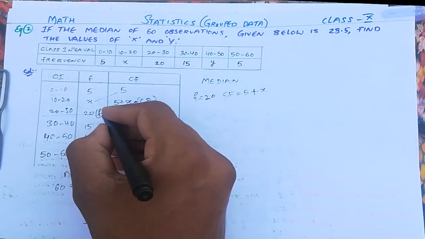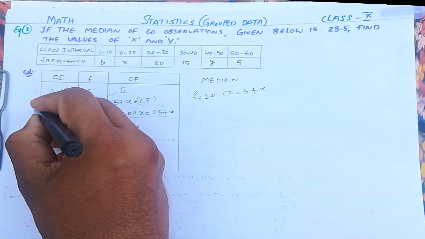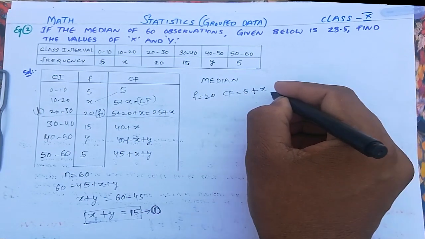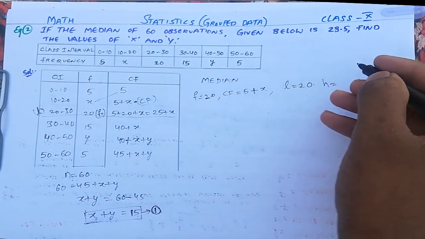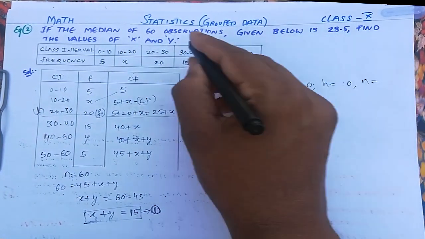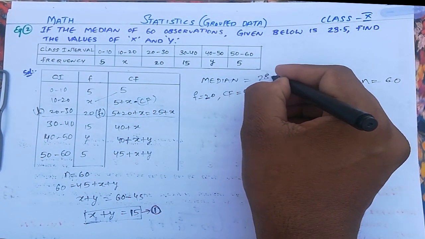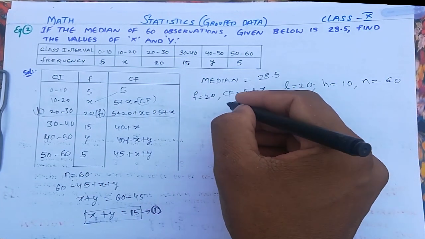And what about the L value? Beside the 20 frequency value, the lower boundary from the class interval, we take as L value, 20. And we require h. h is the difference of 0 to 10, which is 10, and n is clearly given as 60. The median value is given as 28.5. We will find the missing frequency values now.